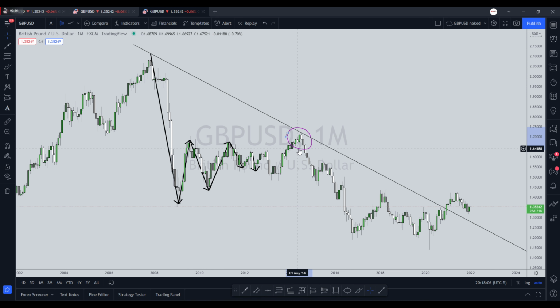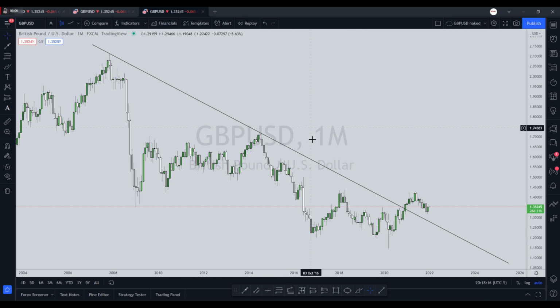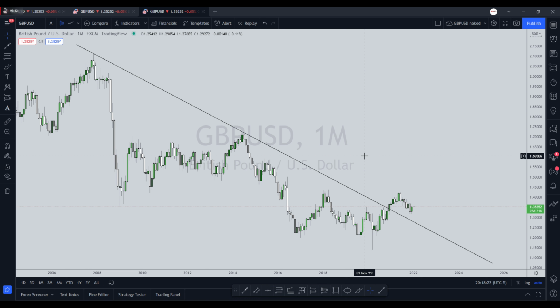Okay, so we drew our downtrend, and we always have to use the trend line every time we find where the trend is. It was pretty much doing lower low, lower high, lower low, lower high on a downtrend.